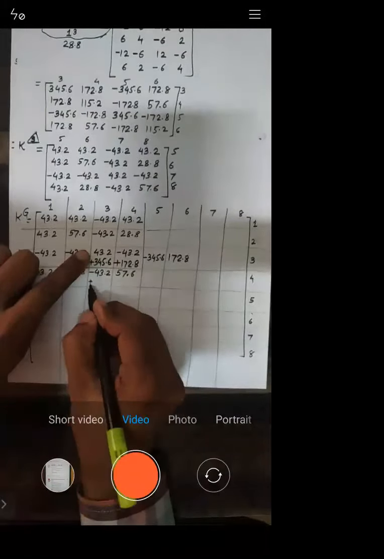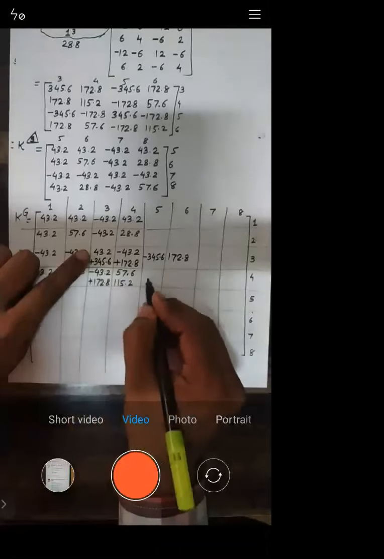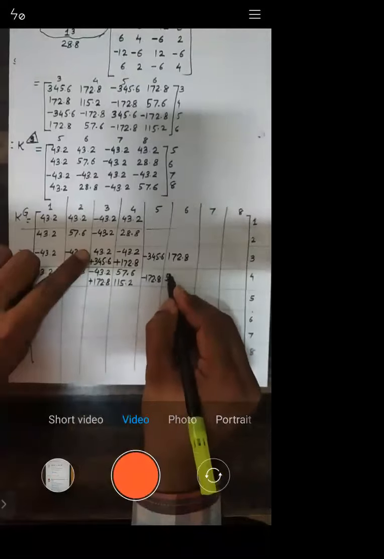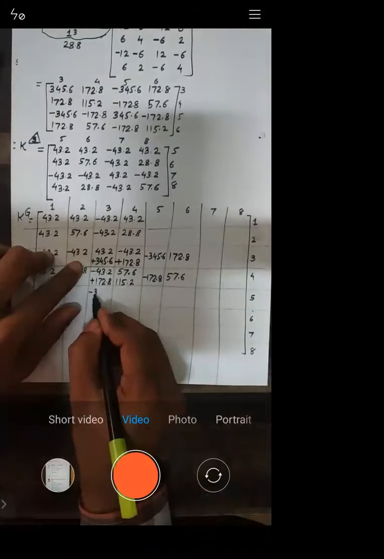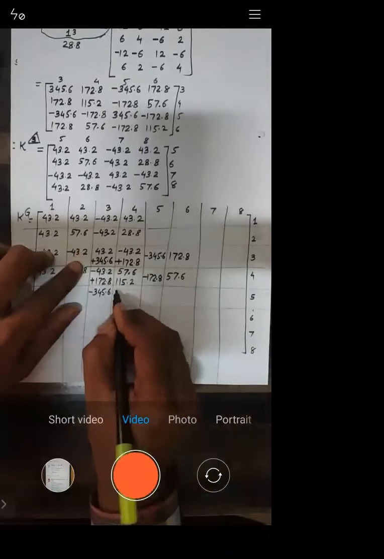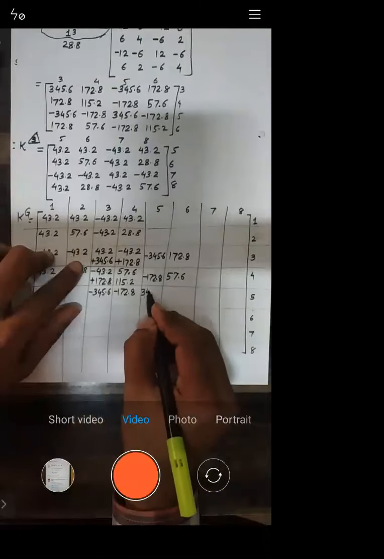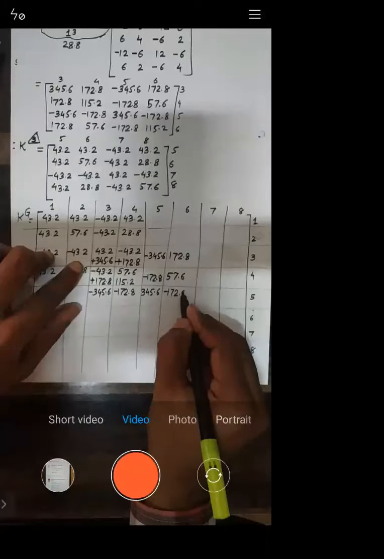Below that, plus 172.8, 115.2, minus 172.8, 57.6. Minus 345.6, minus 172.8, 345.6, minus 172.8.